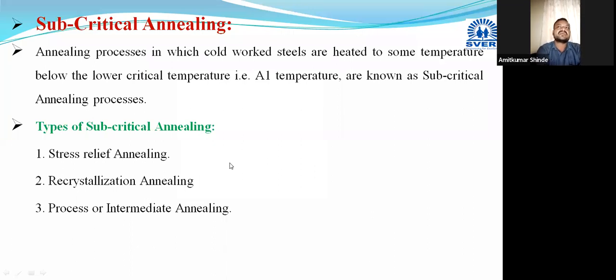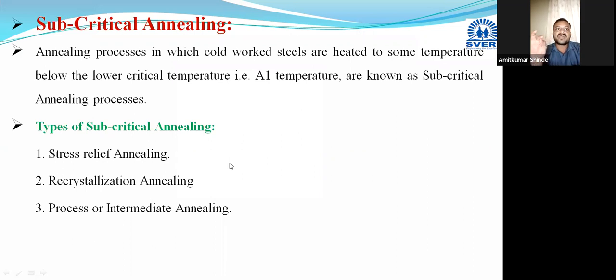Then the third annealing is the process annealing or intermediate annealing. This is done in the same temperature zone as that of the recrystallization annealing. In the intermediate annealing, in between other ongoing heat treatment processes, this annealing is done to eliminate the internal stresses in that component and to get equiaxed stress-free grains.